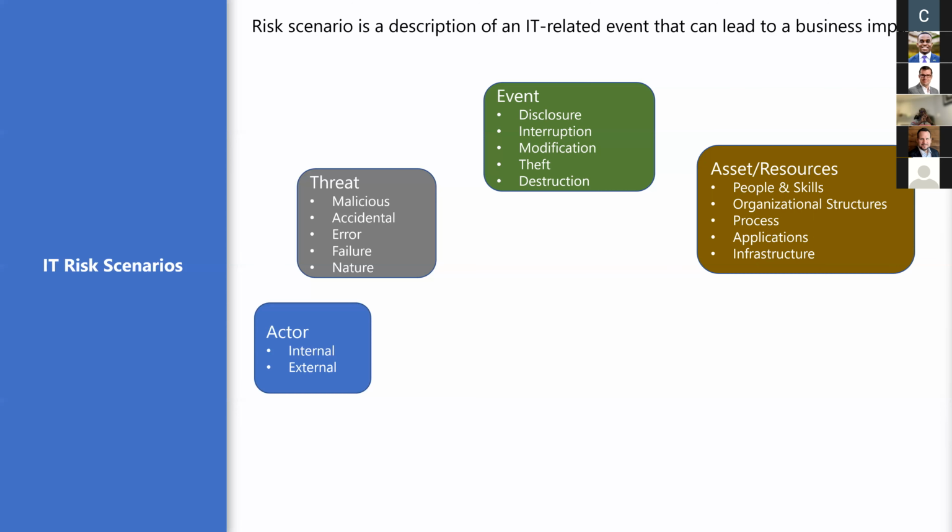The only reason it's not broken is the time it will take the devices we have, at least on the commercial side. So you could have an actor, threat, and event, but if there are no resources for that to be exploited, then probably one could say it's okay. It depends on where it is, right? If they're willing to make that call. Process, applications, infrastructure, and all of those.